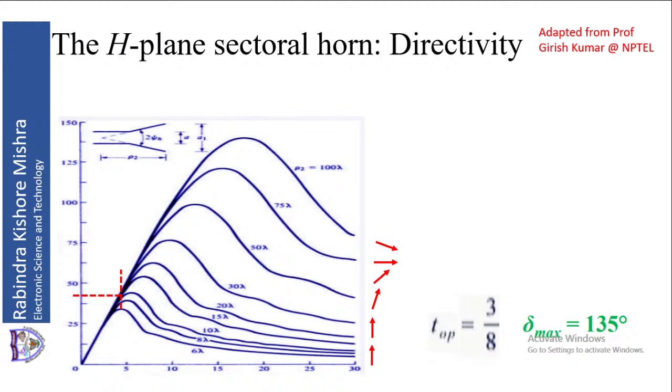So we will sacrifice some amount of directivity for some other reason. Directivity will be slightly sacrificed, but in doing that, the phase error is reduced. If phase error is reduced, then something else occurs. So let us look at what happens when you reduce the phase error.